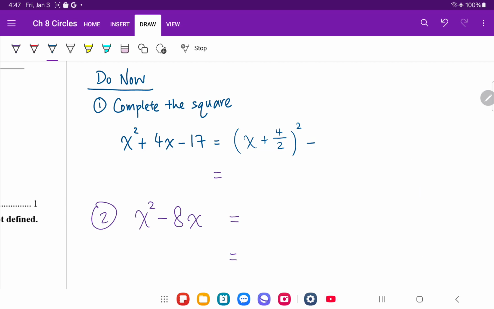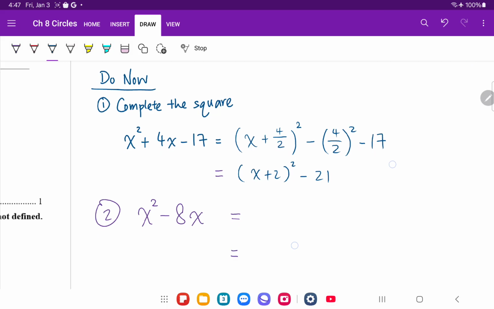Next, minus bracket 4 out of 2 square, and lastly, copy over the negative 17. Once you have done your calculation, you should end up at the final answer, x plus 2 whole thing square minus 21. That is the completed square form for question 1.